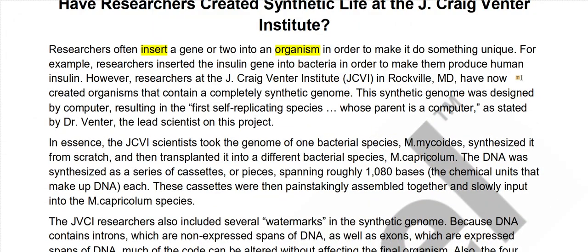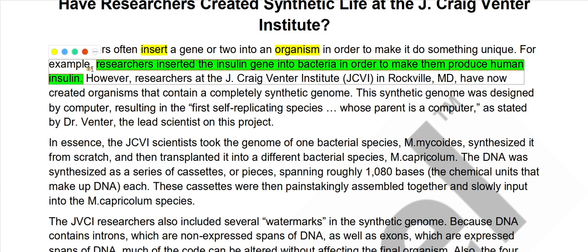So it was something here. For instance, researchers inserted the insulin gene into bacteria in order to make them produce human insulin. So from here, just wait a second. From here to here, it is clear that researchers are inserting the insulin gene into bacteria so that they should produce human insulin.